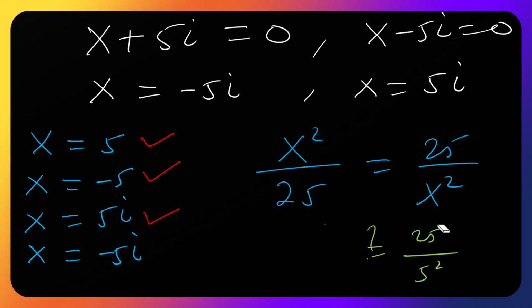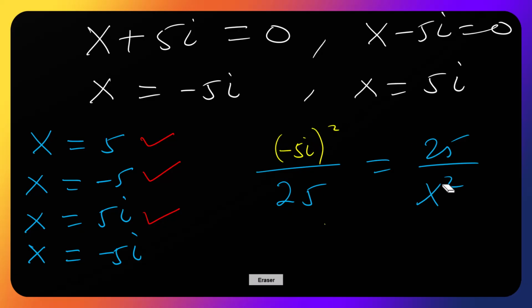Now let's look at the last one, negative 5i. Remember we are to square everything. So that will be negative 5i all squared.